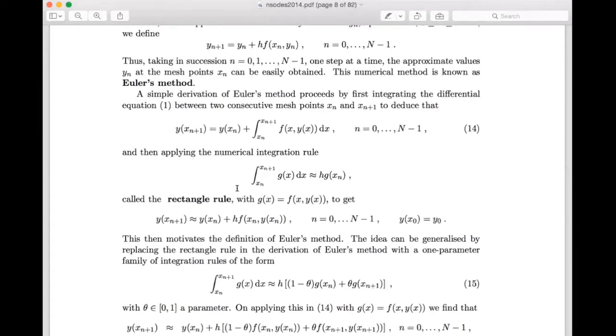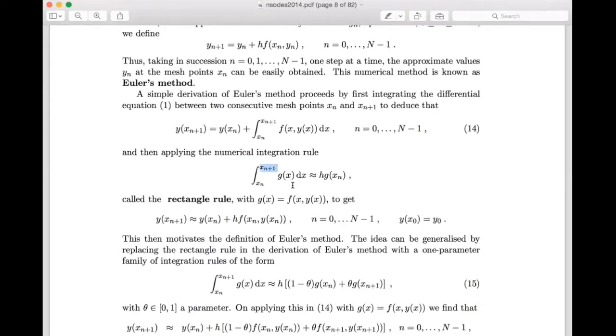We can generalize this as a theta method, or one-parameter method. In the forward Euler method, we took the contribution of the first node of the interval at xn, and in the backward case, we took the value of the unknown at the terminal node.